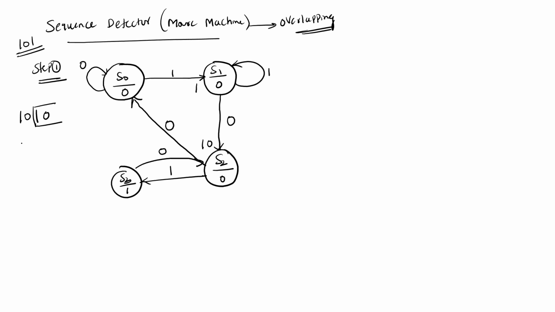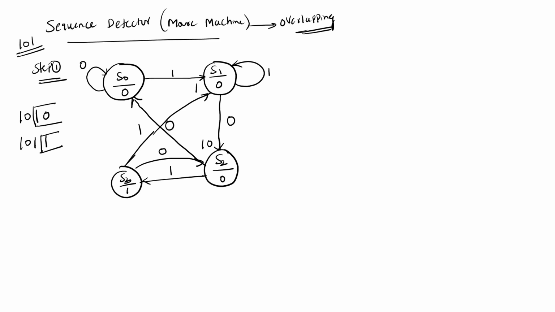And if it is 1, the sequence is not satisfied, but 1 is satisfying, so it will go to S1. We discussed this in the last class, no? Is it fine? Your response?